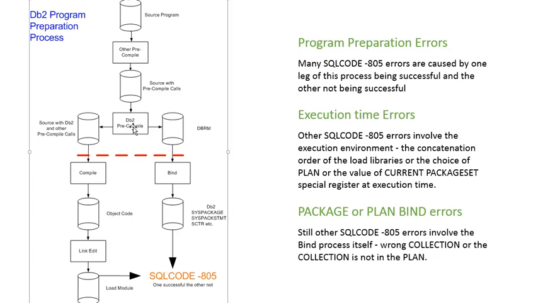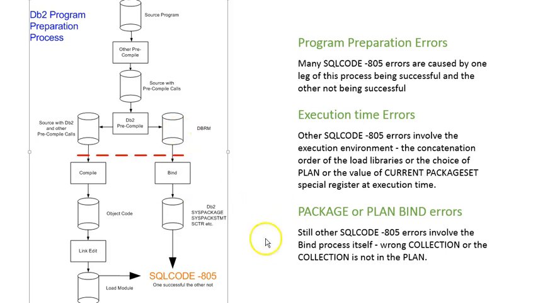The DB2 precompile process splits the code and additional precompile calls, sends them one direction, and sends the SQL calls into the DBRM. So the SQL is in the database request module.